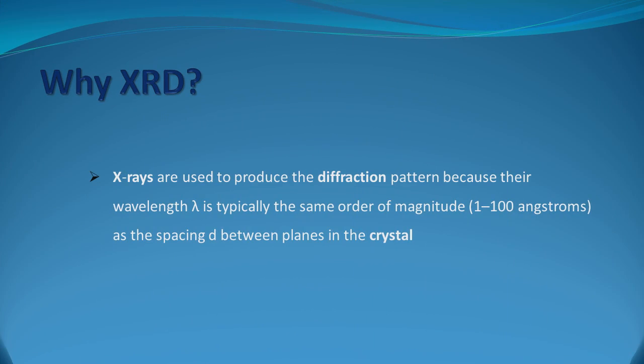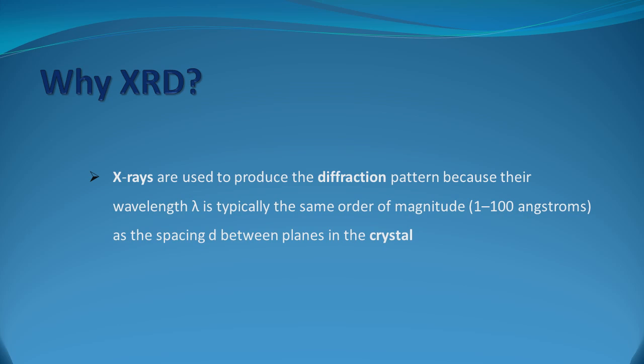This is a very important point in X-ray diffraction. What is the purpose of using X-rays? The purpose is very important, because in order to get the diffraction pattern, the wavelength of the source is typically in the order of 1 to 100 angstrom units, because it matches the lattice spacing between the two lattice points.